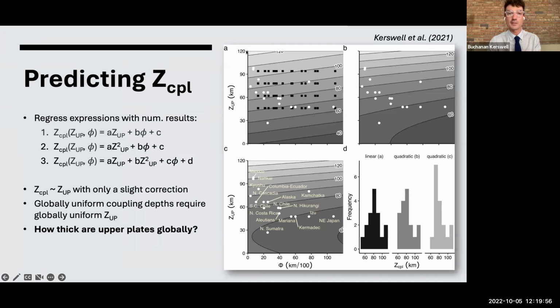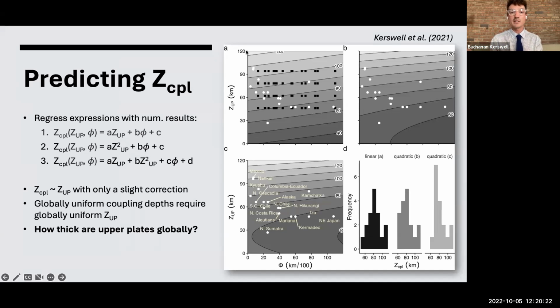And so the expression leads us into the following question: how thick are upper plates globally? In order for this notion that the D value and coupling is invariant to hold, we see from this expression that the thicknesses of upper plates must be invariant. If the notion is true, then the thicknesses of the upper plates must also be similar and sort of uniform from setting to setting.